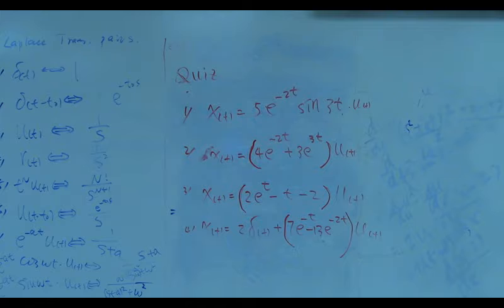Oh, okay. So 2 over F. 3 over F minus 3. 4 over S minus 3 plus 3. Okay, nice. Okay, good.